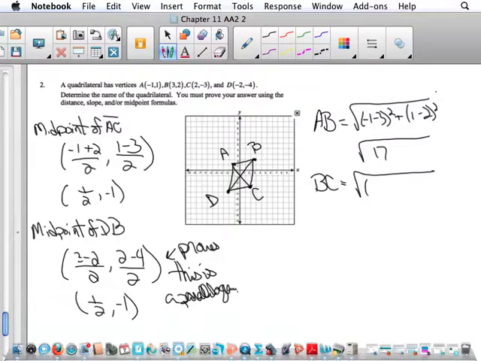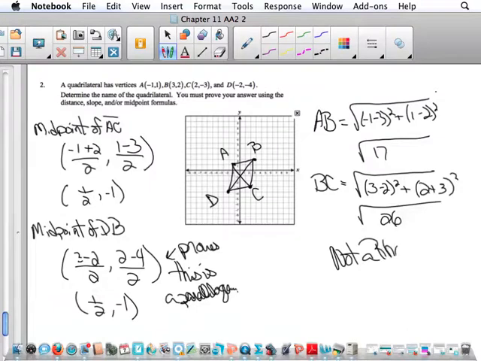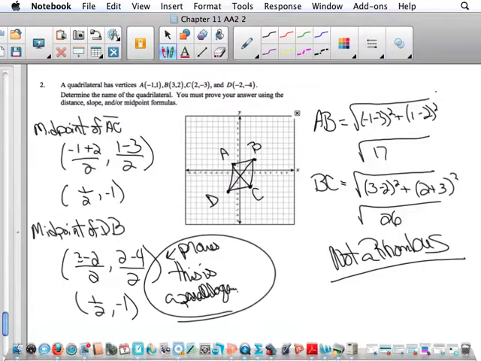So I have (3 minus 2) squared, and then I have (2 minus negative 3), which becomes plus 3, squared. So I have the square root of 1 plus 25, which is 26. So it's not a rhombus because I don't have congruent sides. So it is just a parallelogram.